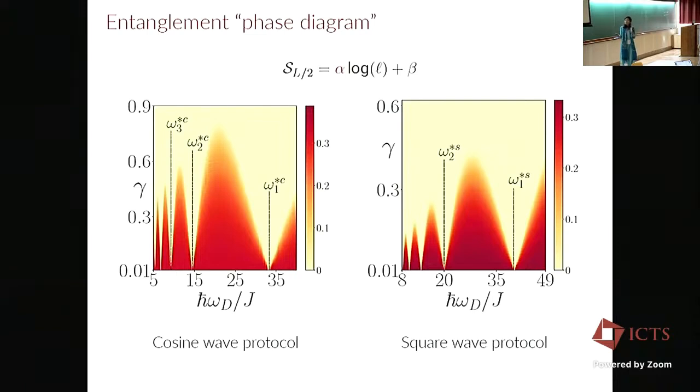So what are those frequencies? If you do the perturbative analysis, you can show that at those special frequencies there is some emergent conservation law. Your original Hamiltonian doesn't have total magnetization conservation, but as you start driving this system at special frequencies, you can get an emergent magnetization conservation. And that magnetization conservation leads to area law scaling of the entanglement entropy. So these are the frequencies where there is some emergent conservation.